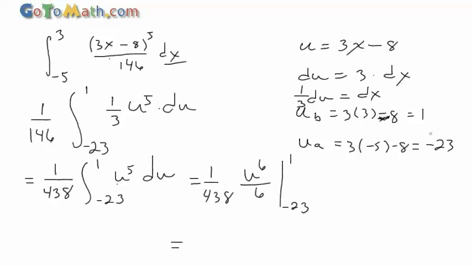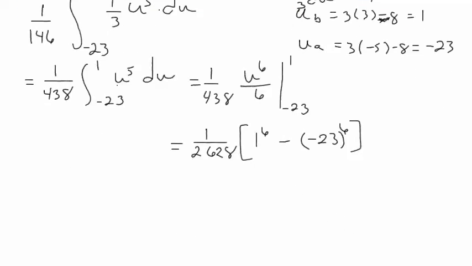Ooh, man, that's a big number there. So we got 1 over 2628. So plug in the top one: 1 to the 6th minus, and then plug in -23. Because it's negative, we want to make sure we put parentheses around it, raise it to the 6th power, and go from there.